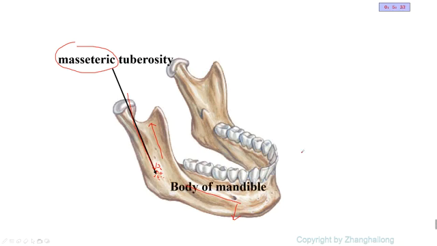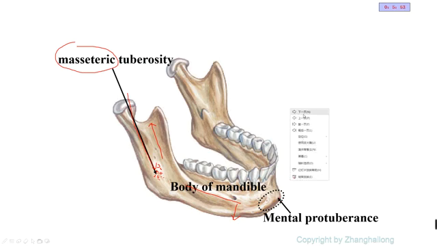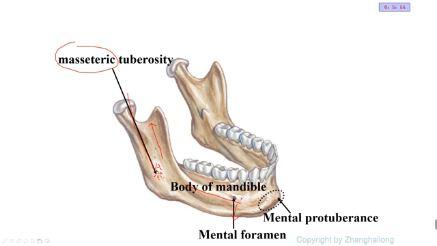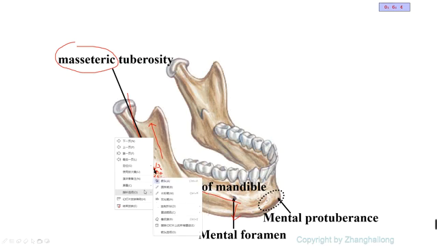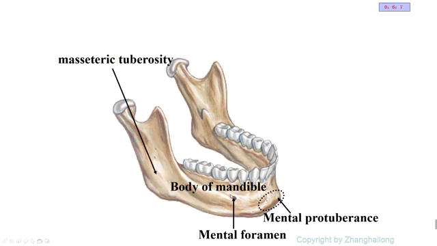Now let's continue. Here is the body of the mandible. Here is the mental protuberance. The mental protuberance is a big process that goes forwards. And on the lateral side of the body, there is a mental foramen. See here?